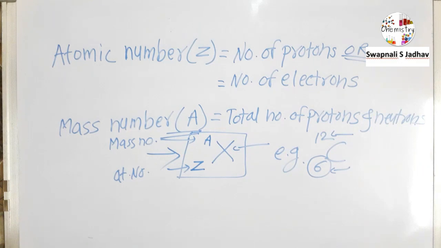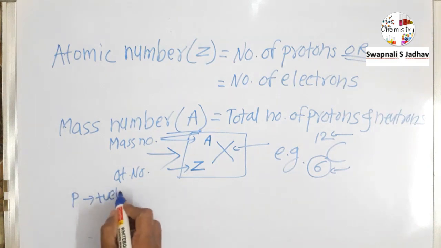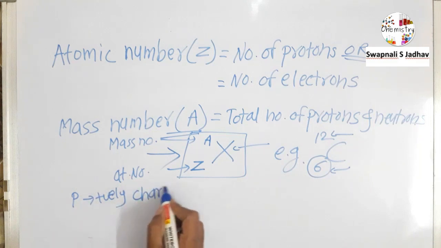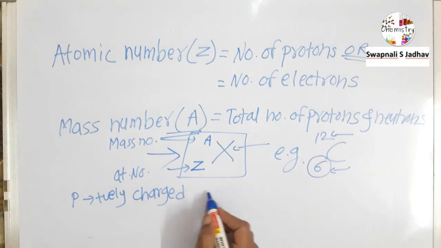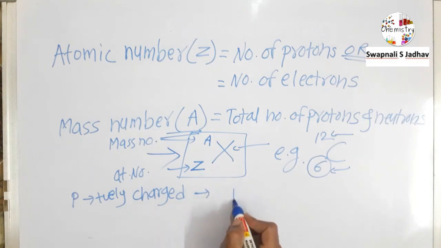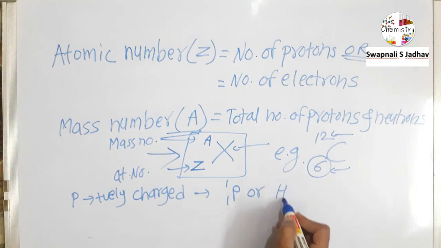Okay. Understand? So do you know that proton is positively charged and it is represented as P with 1, 1 or H with 1, 1.